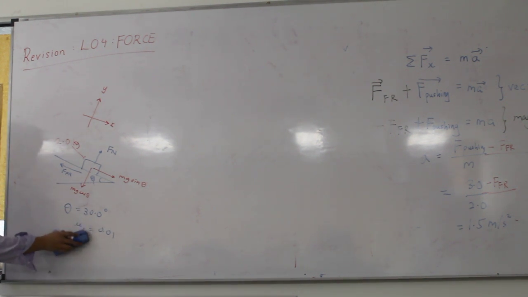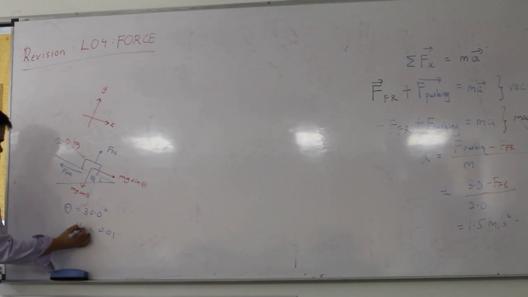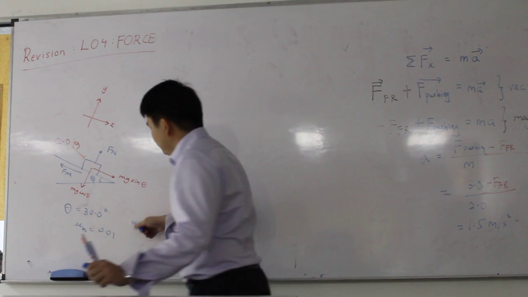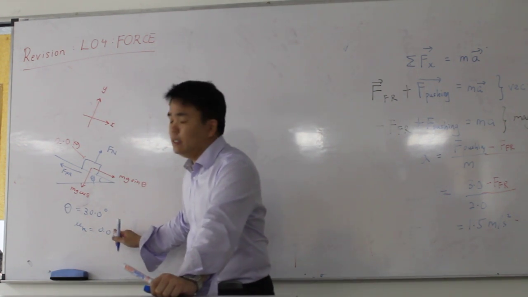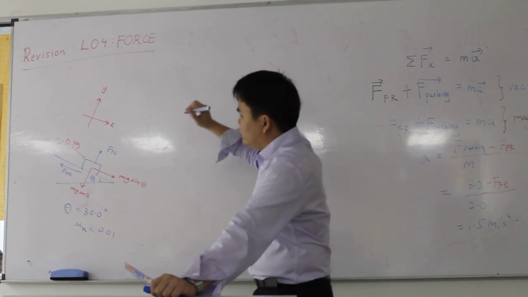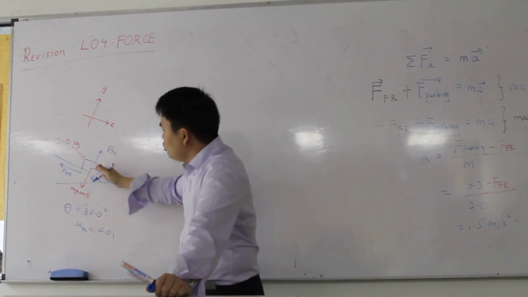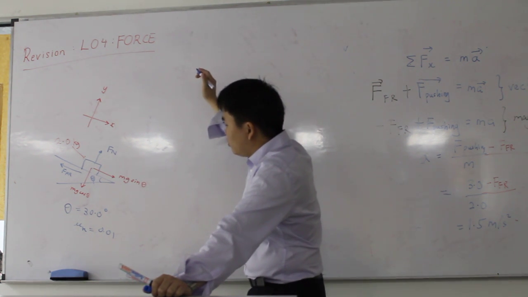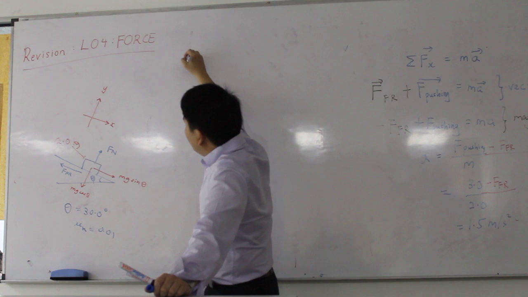Sorry, mu k is better because we consider that it is a movement. Actually, it means that the frictional force is very small, but it doesn't matter, we can try to do it. So we assume that the final movement is moving down, since mg sine theta is quite large.